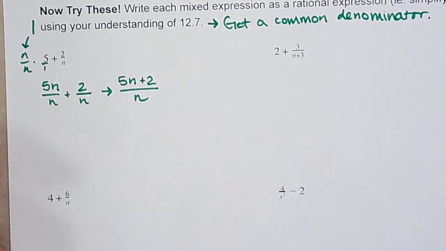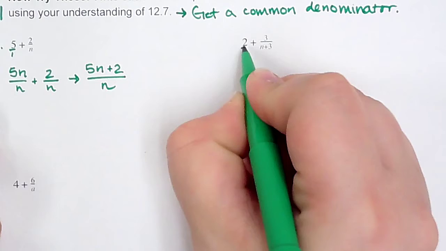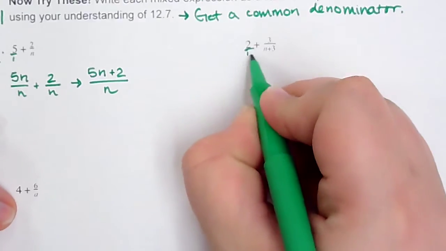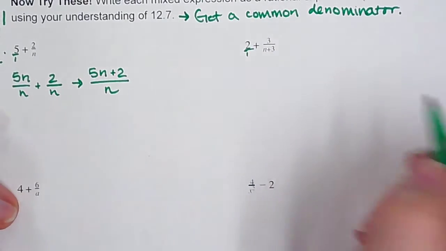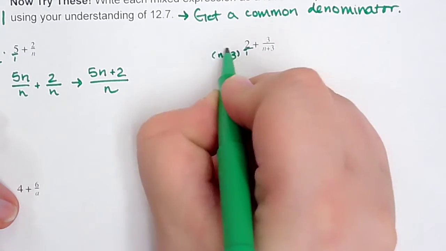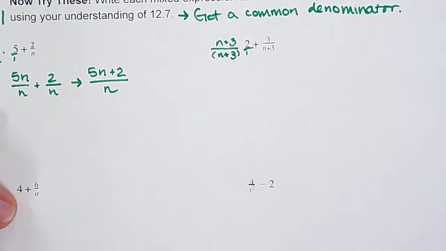Let's see another one like that. The next one, we have 2/1 plus n plus 3 divided by the quantity n plus 3. Again, I notice this one has a 1 in the denominator, and I need there to be an n plus 3. So I'm going to multiply the whole thing by n plus 3 divided by n plus 3.